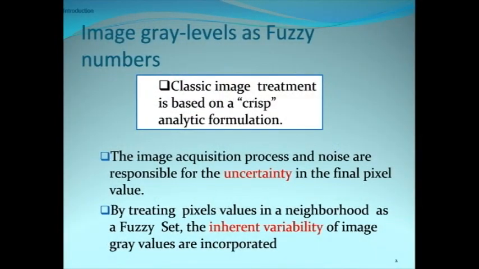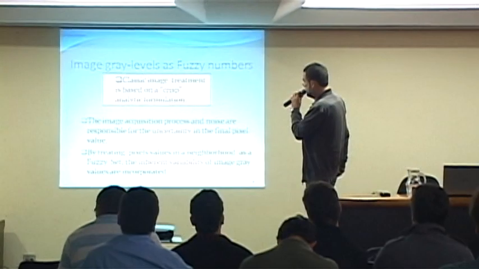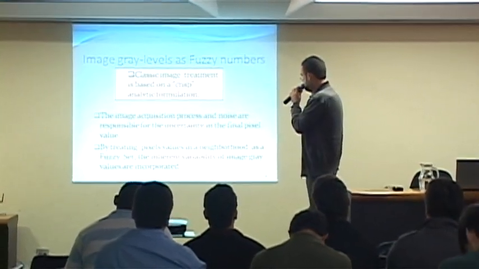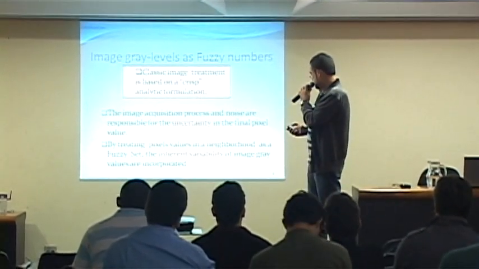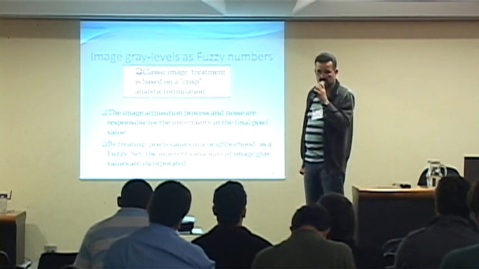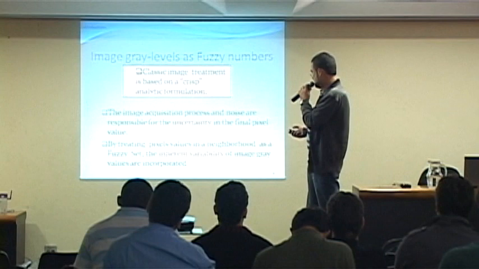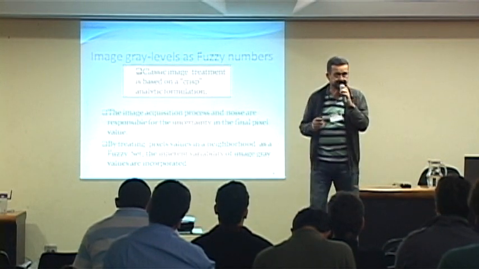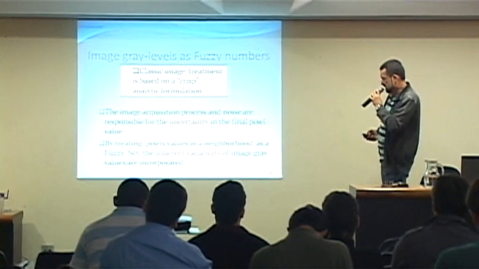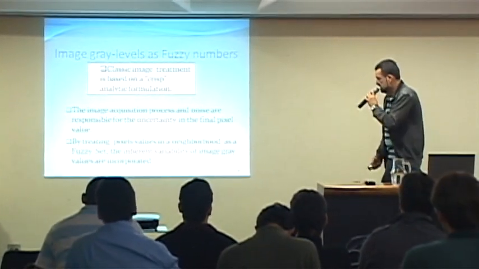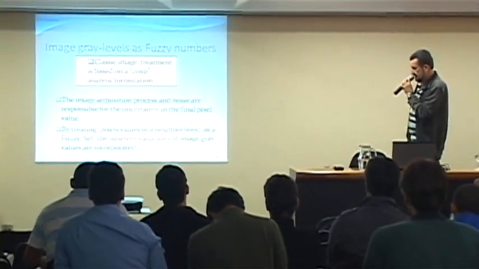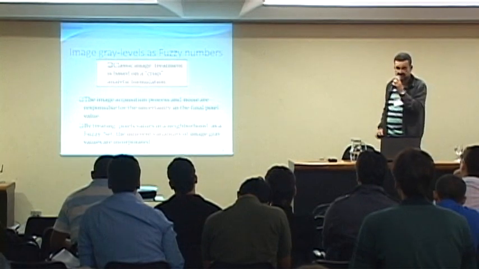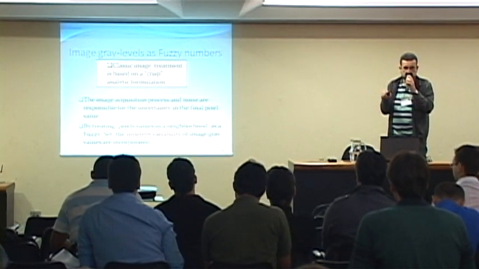This work tries to consider pixels of the image as fuzzy numbers. When we acquire images, the acquisition process and noise are responsible for the uncertainty of the pixel value. By treating these pixel values in a neighborhood of the image as a fuzzy set, we can capture the inherent variability of these values.